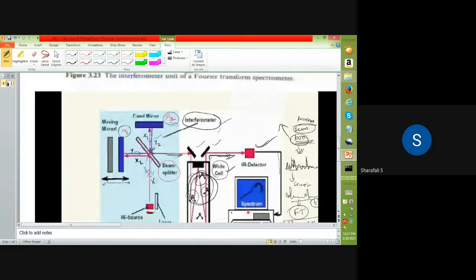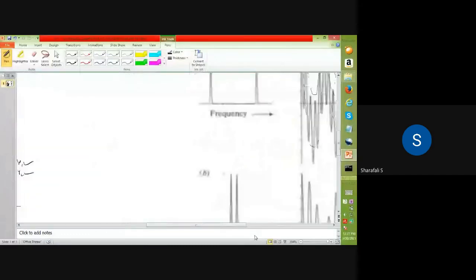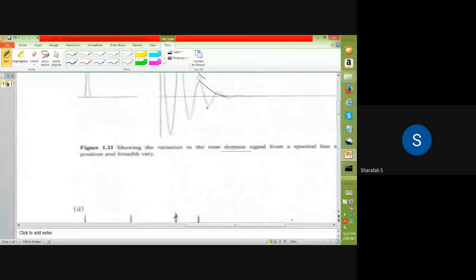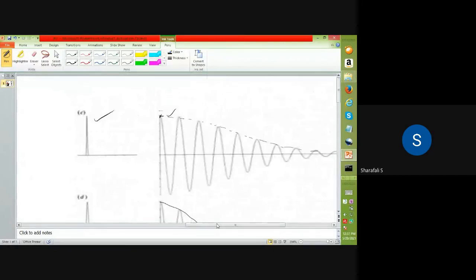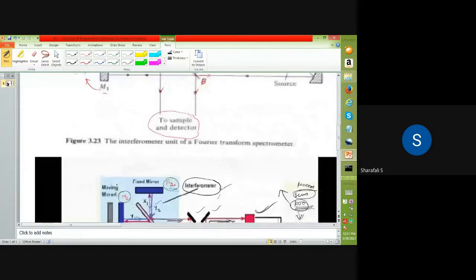So we will be getting this figure I have just shown as a representation of that cosine wave. This is the basic principle.